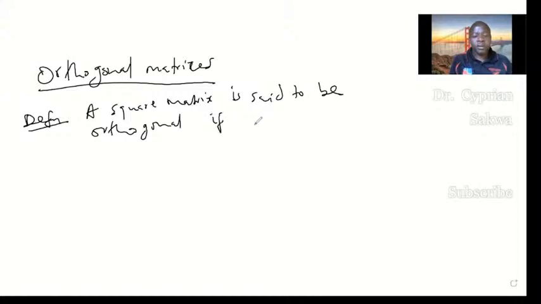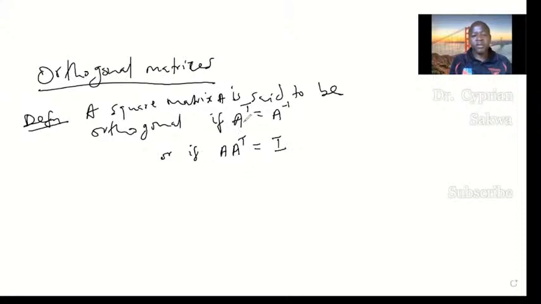if the transpose of A, so a square matrix A, let me call that square matrix A, is said to be orthogonal if the transpose of A is the same as the inverse of A, or if A times the transpose of A gives you the identity matrix.